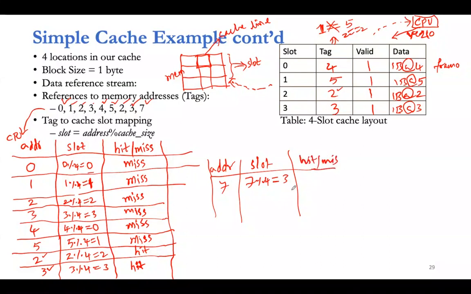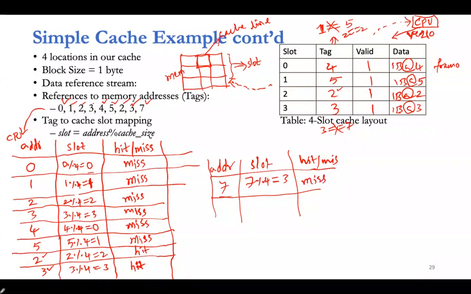So in slot 3, it says that there is valid data. Then it goes and compares the stored tag with the incoming tag. That is 3 equal to 7 or not. Obviously, it is not. In that case, it says that it is a miss.